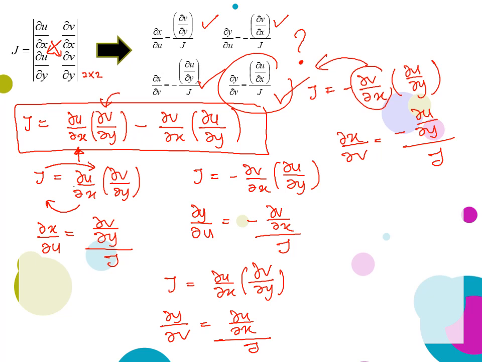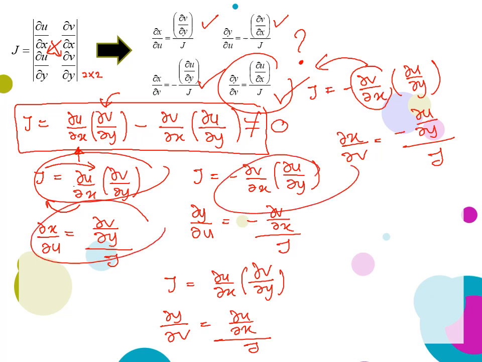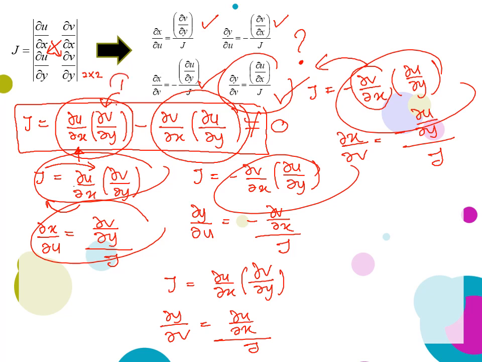So the Jacobian is the determinant, and this cannot be equal to 0. When we want to consider the formulation of this, we need to treat one of these two parts as equal to 0. Since the Jacobian cannot be equal to 0, between the first and the second term here, the second term cannot be equal to 0.